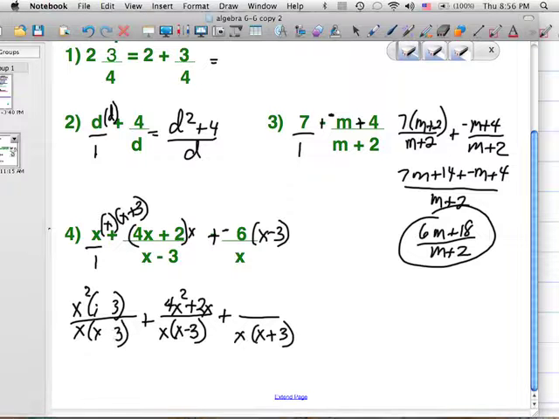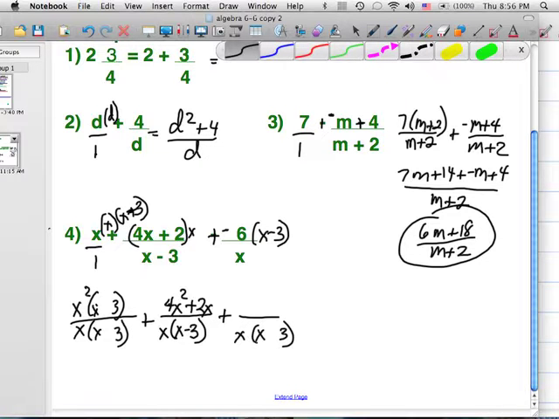So let me fix that. So that's going to be negative 6x plus 18. And if we finish multiplying this, we get x cubed minus 3x squared.